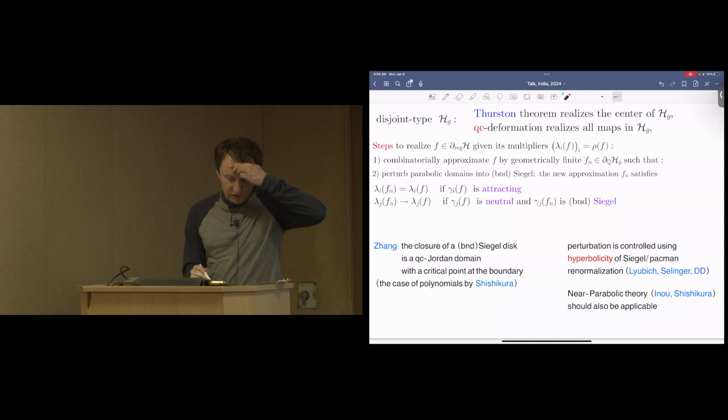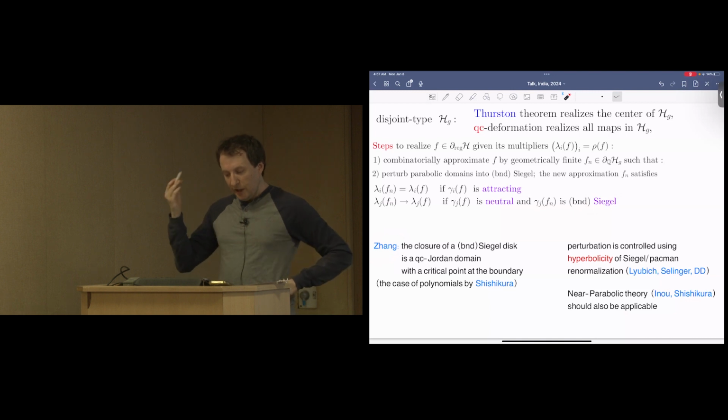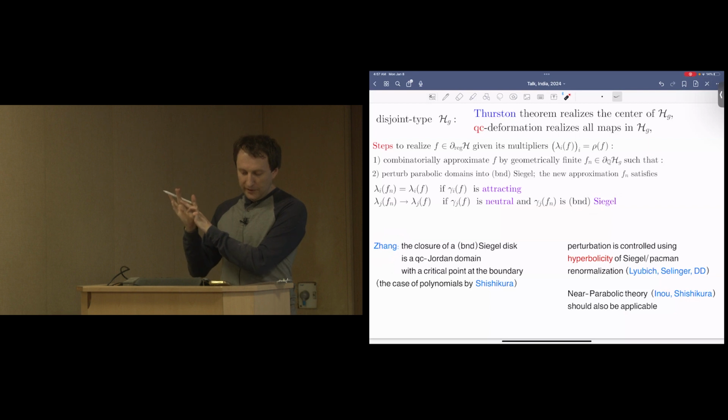And then we can use the result by Zhang saying that since the rotation number is of bounded type, the Siegel disk that we obtain would be nice. So in particular, it would be a QC disk when we add the boundary, and it will have a critical point on the boundary.